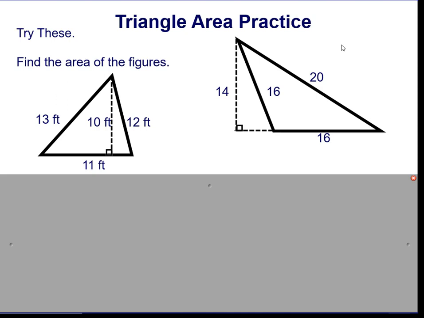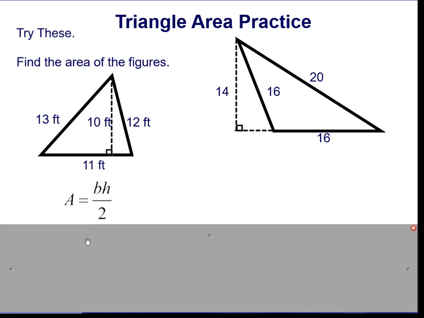Try these. Find the area of the figures. Let's take a look at the triangle on the left-hand side. I know that we have a triangle, so we're going to use our formula, area equals 1/2 base times height, or base times height divided by 2. In this problem, we're going to label the base as 11 feet.